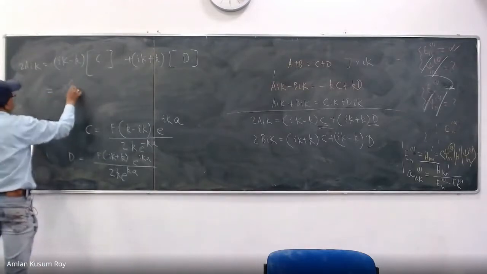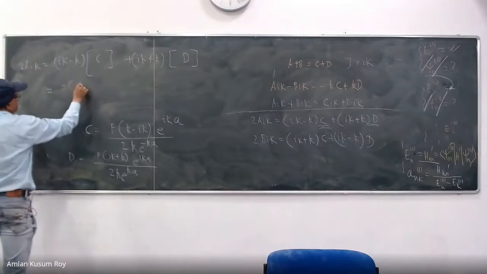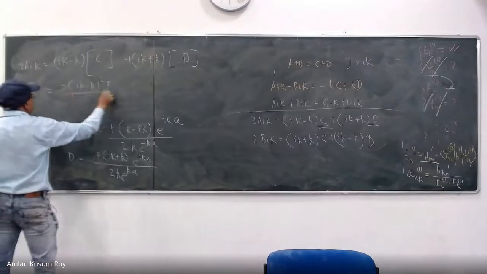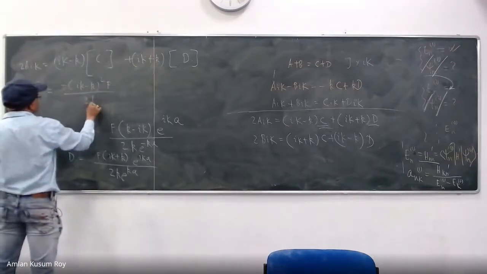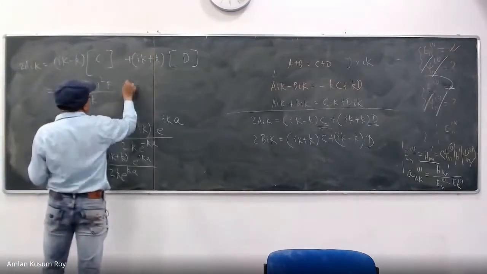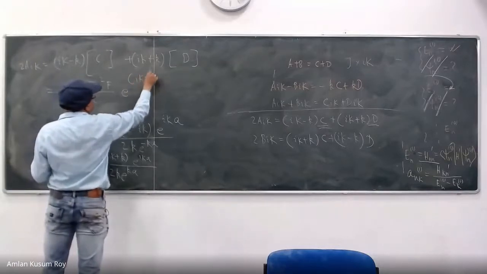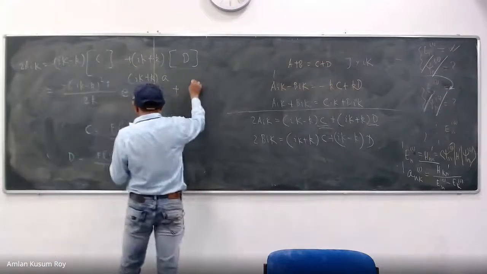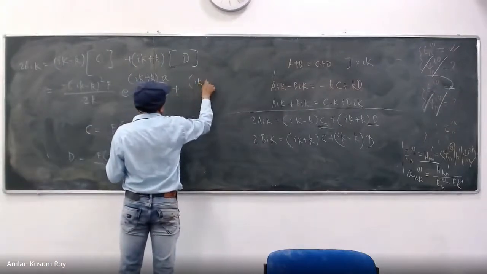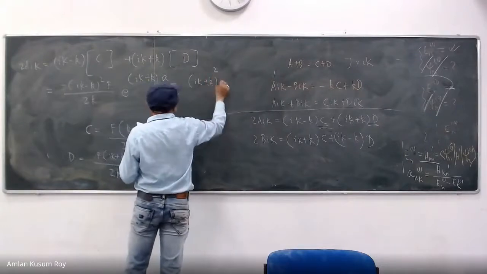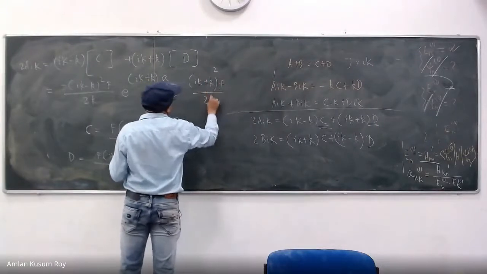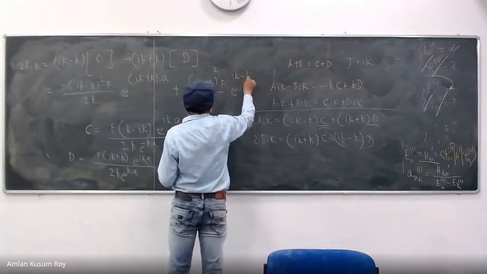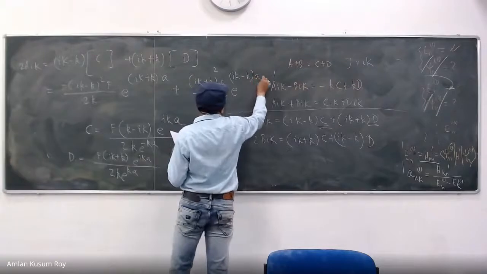So you can write minus ik minus kappa whole square F by twice kappa e to the power ik plus kappa A plus ik plus kappa whole square F over twice kappa e to the power ik minus kappa A. That's what you will get.